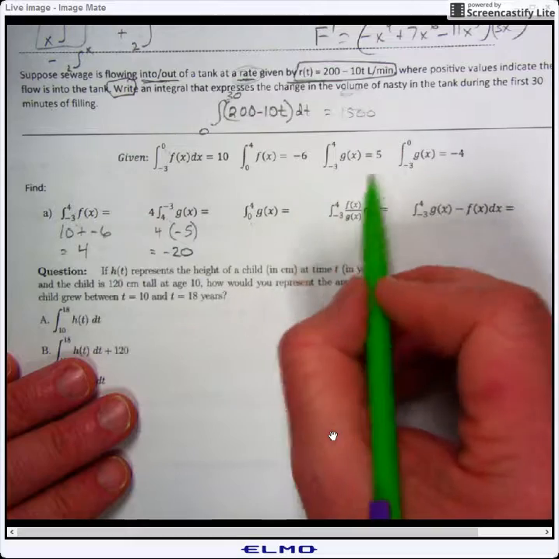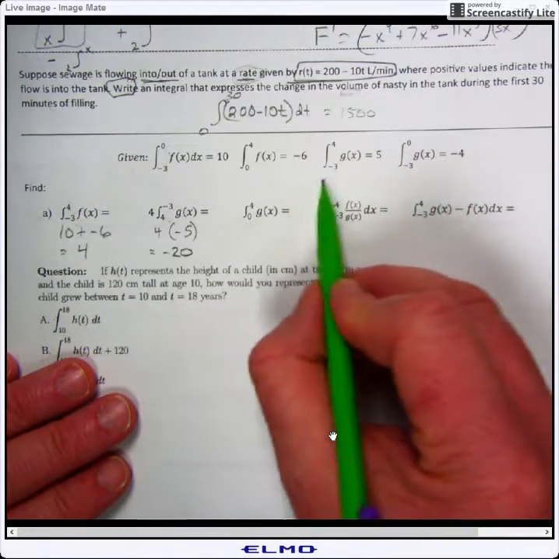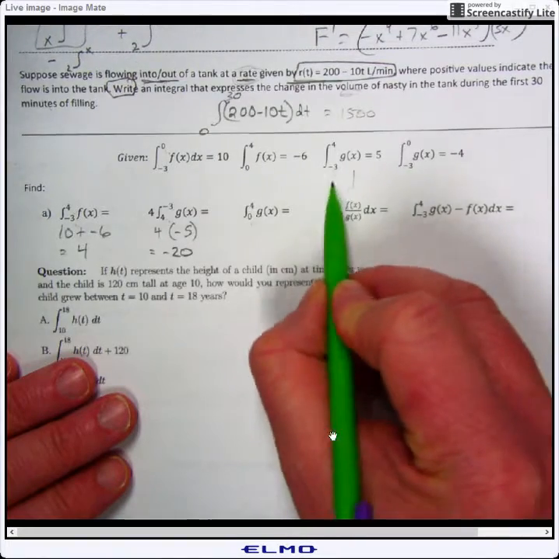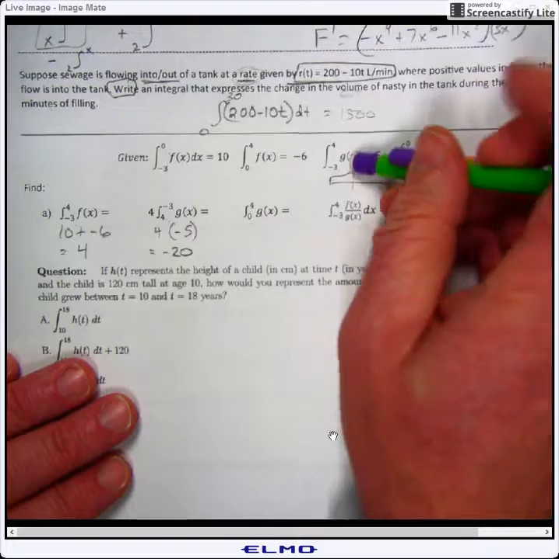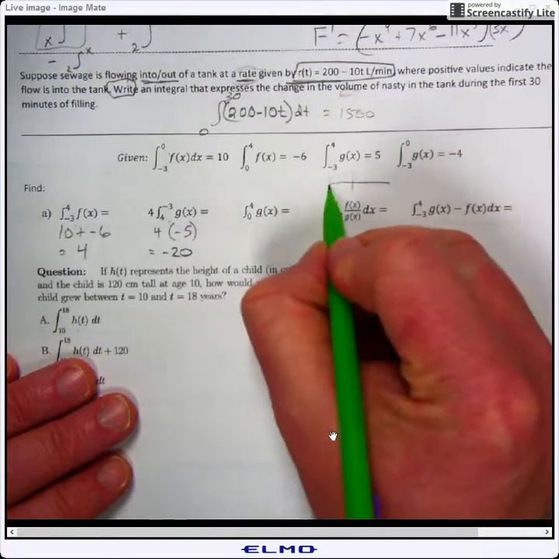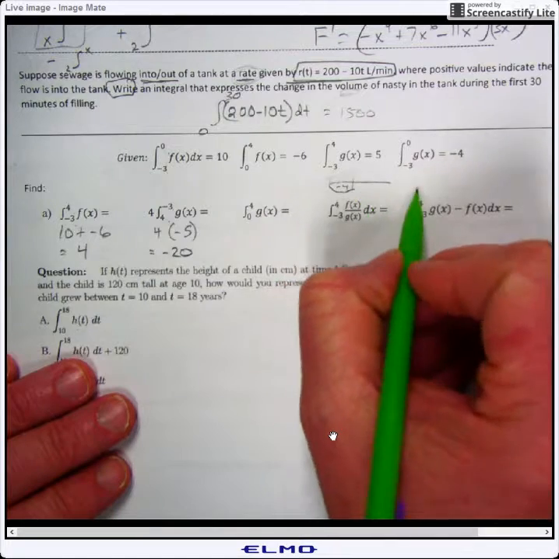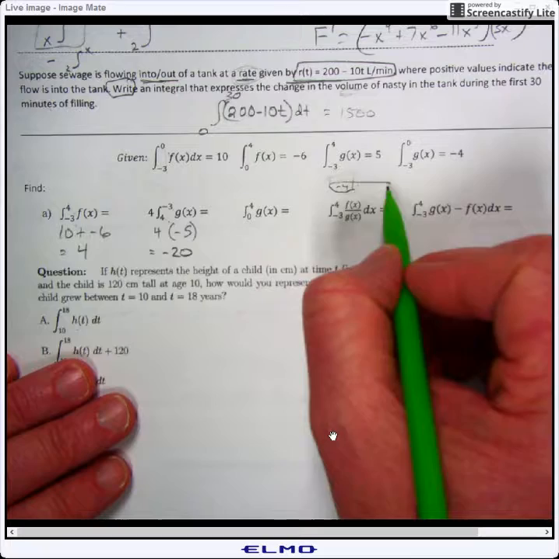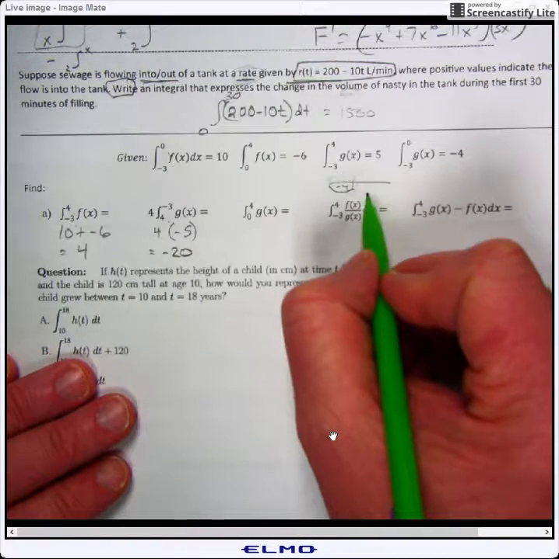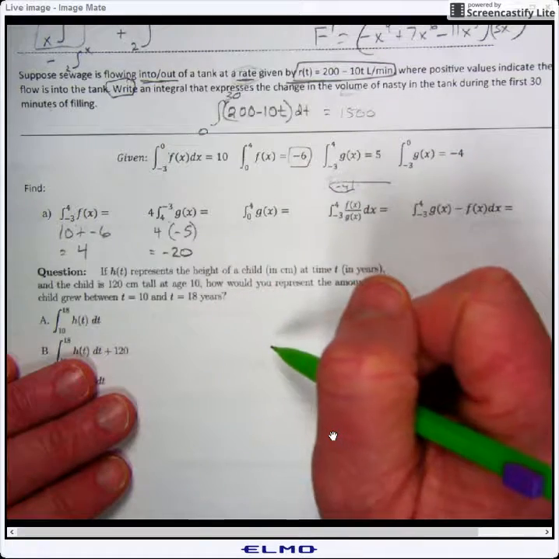From 0 to 4 of g of x. Well, from negative 3 to 0 of g of x, if you think about this as a picture, from negative 3 to 0 would be negative 4. So that is actually under. And then from negative 3 to 0, and then do we have enough information to find 0 to 4? Well, we know 0 to 4 of f of x is negative 6.